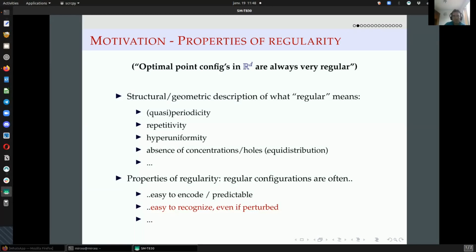For example, in the form of quantitative estimates on distances of the minimizer's points, or equidistribution, and so on. So you can try to prove something in a partially ordered hierarchy of geometric properties.